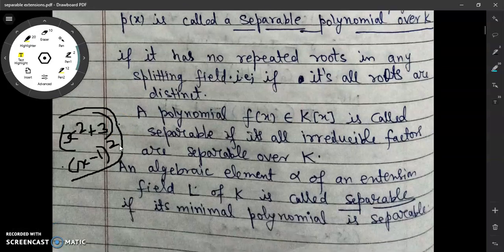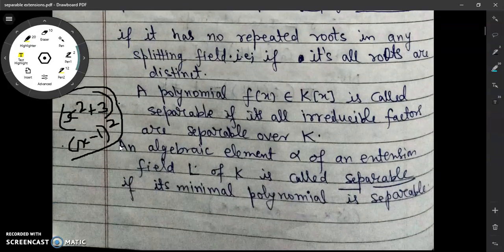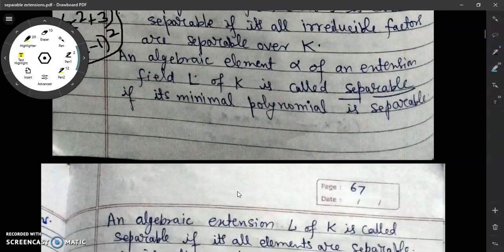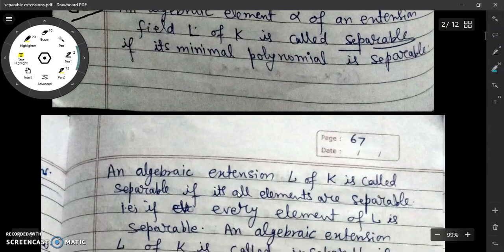Okay, now an algebraic element alpha of an extension field L of K is called separable if its minimal polynomial is separable. So, if the minimal polynomial of an algebraic element is separable, then that algebraic element is called a separable element. And so it enforces us to define a separable extension.